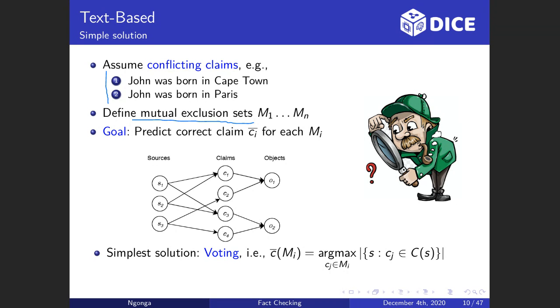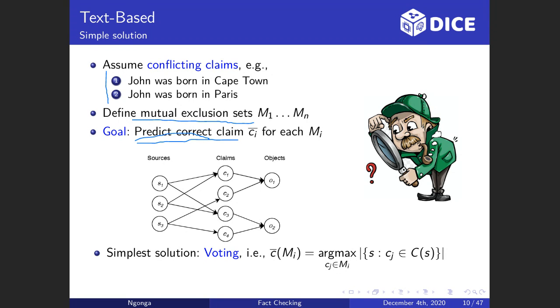And fundamentally, now once we have the mutual exclusion sets, the question we want to ask is, which of the elements of this set should we prefer over all the other elements, right? So we want to predict the correct claim C_i bar for each M_i. That's basically fundamentally under this model what we would want to do.